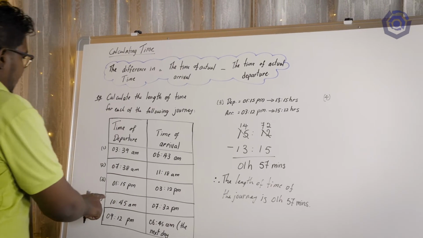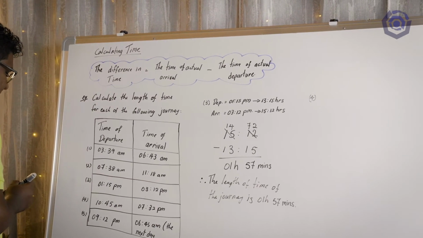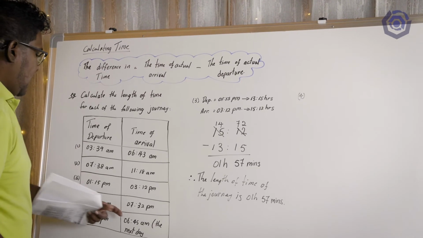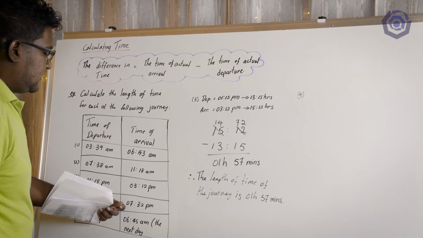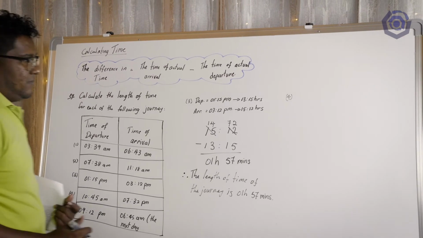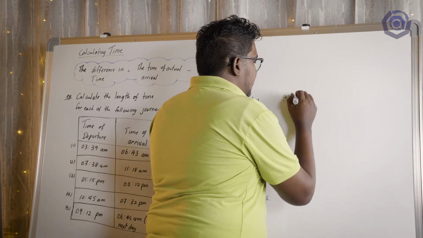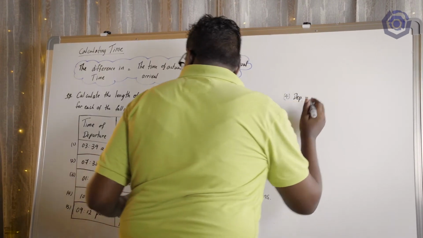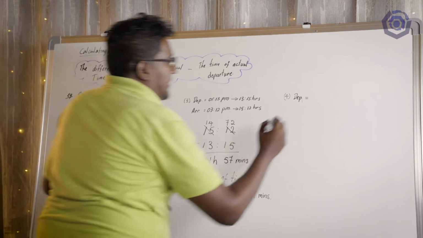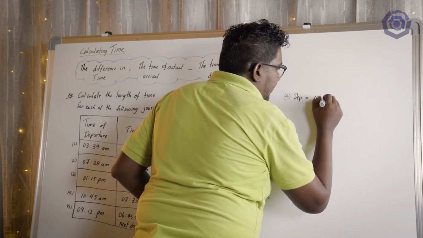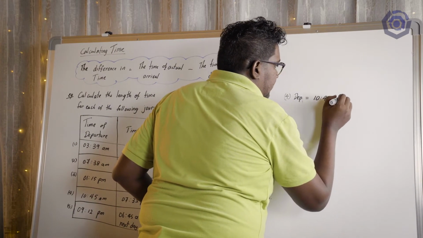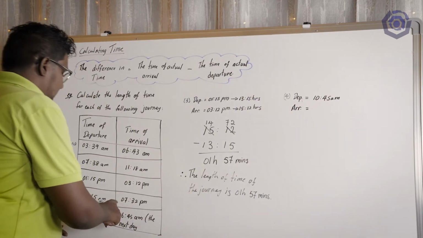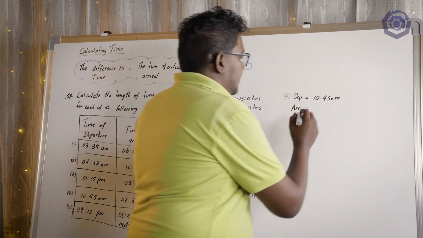So number 4, we have our departure as 10:45 a.m. and our arrival as 07:32 p.m. So departure is equals to 10:45 a.m. and arrival is equals to 07:32.